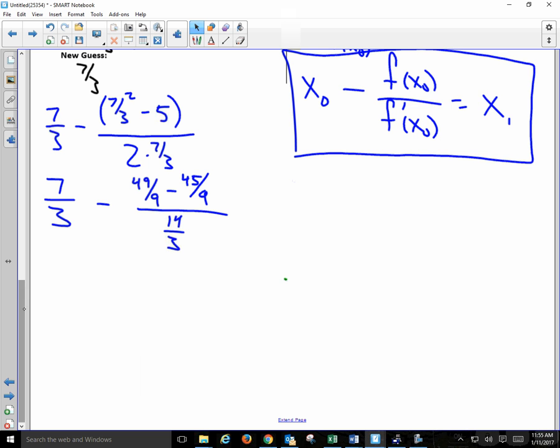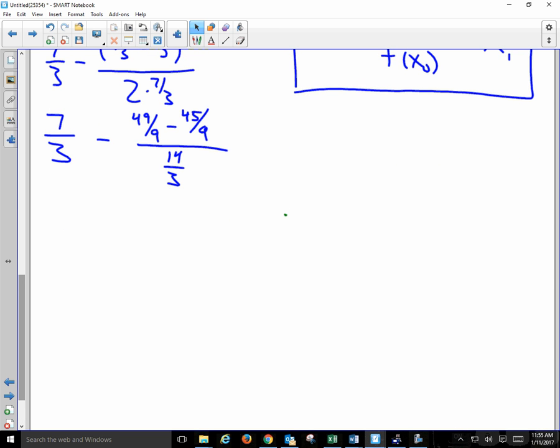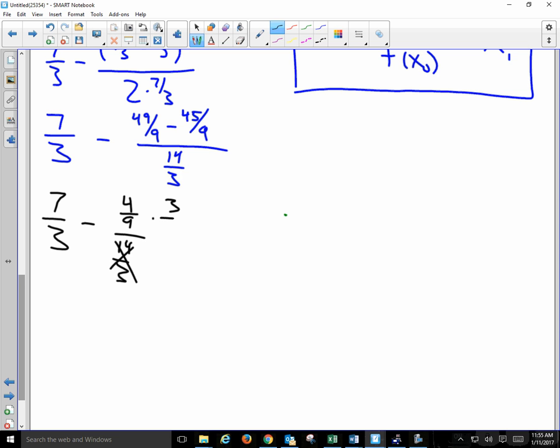Okay, we're trying to come up with a rational number to approximate the square root of 5. So we've got 7/3 now. Minus, the top simplifies to 4/9 over 14/3. What do I do with that? Multiply by 3 over 14.